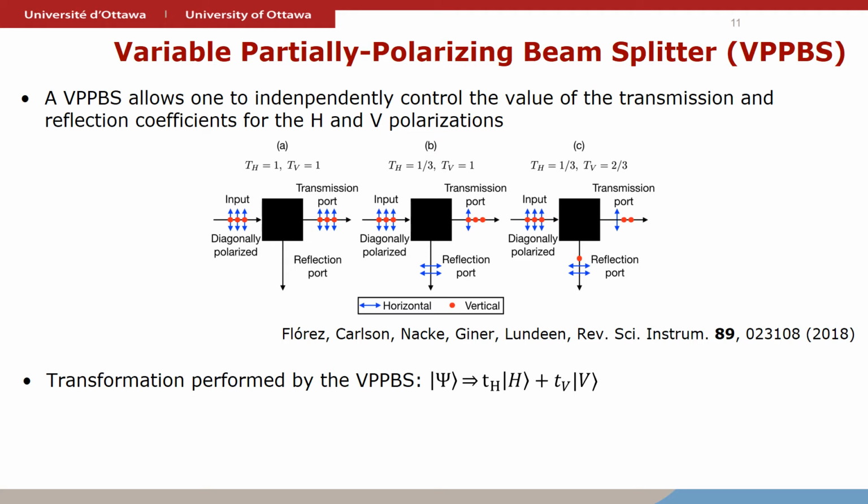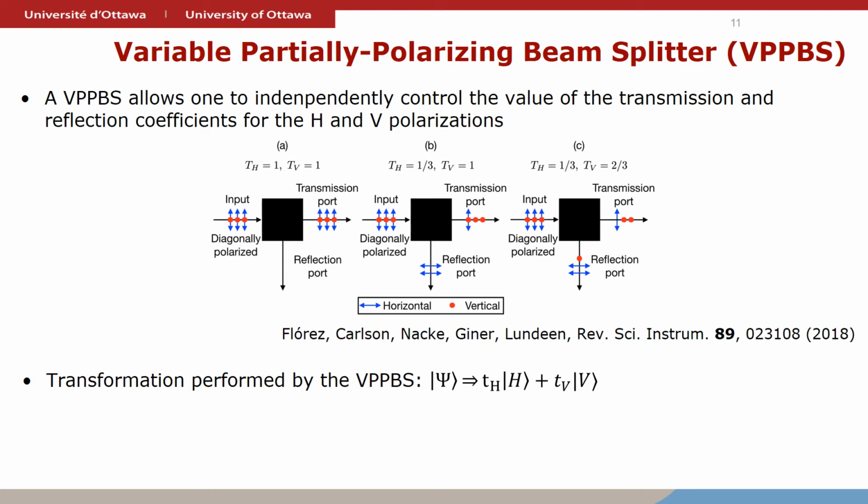And case C: if the transmission of H is 1/3 and the transmission of V is 2/3, then if the input light is diagonally polarized, 1/3 of the H polarized component will be transmitted and 2/3 of the V polarized component will be transmitted.